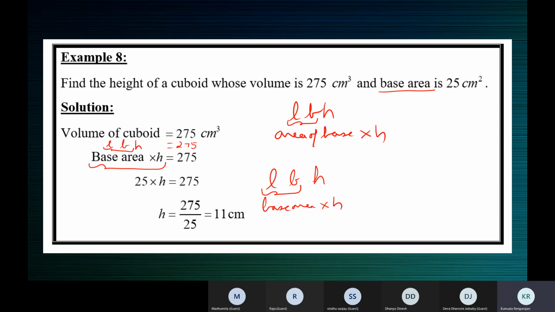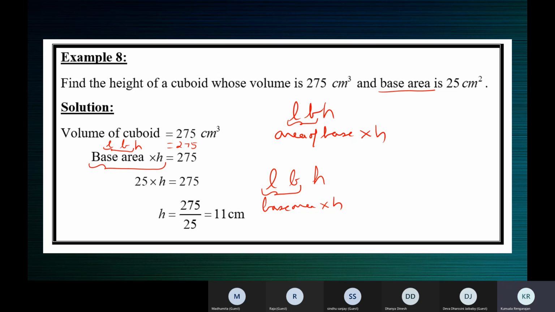When many identical rectangles are stacked up, placed one over the other to any height, the solid obtained is a cuboid. A rectangle is a plane figure. Not rectangles of different dimensions, but identical rectangles.